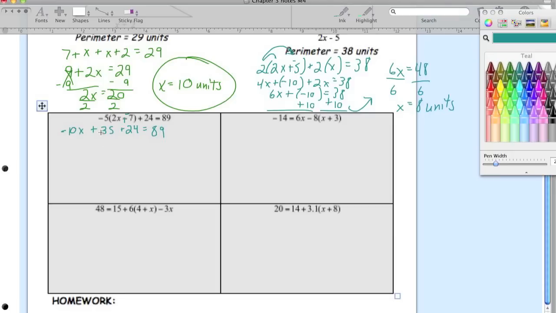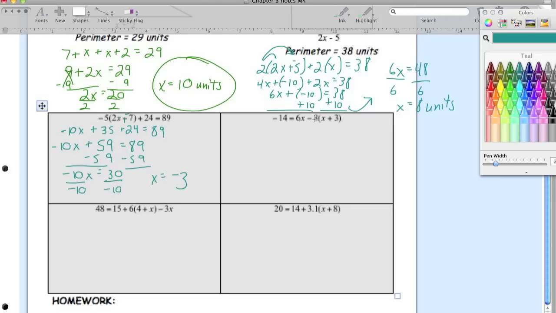Just combine your like terms. 35 and 24 give me 59. Copy everything else down. It's going to help you stay organized. To get x by itself, I subtract 59 on both sides. Negative 10x equals 30. Divide by negative 10, divide by negative 10, x equals negative 3.